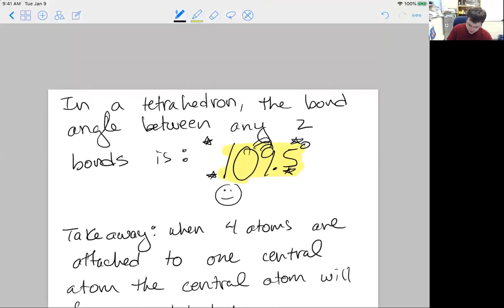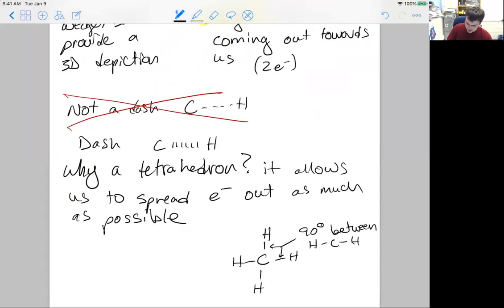Okay, just going back. Remember, let me point to it. That depiction of methane is not accurate because if we did it that way, yes, we would have a really flat and easy to draw molecule. And in some cases, we'd have a huge separation. I mean, look at the separation here to here. That's 180 degrees.